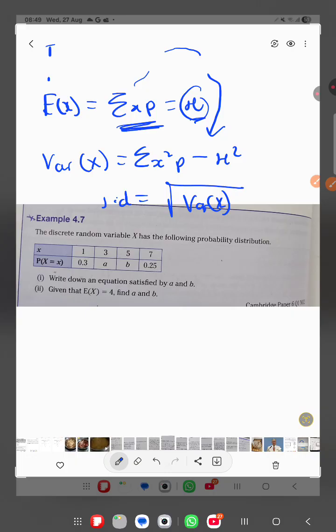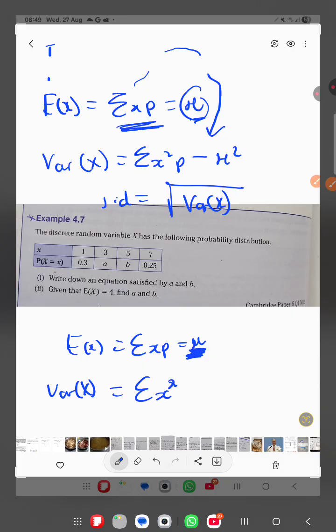All right, let's read the question. So what is our takeaway point? Expectation is equal to the summation of x times p. We call that mu. Variance requires the expectation, requires the mu. It's equal to the summation of x squared, the x value squared, times p minus the mean squared. All right?